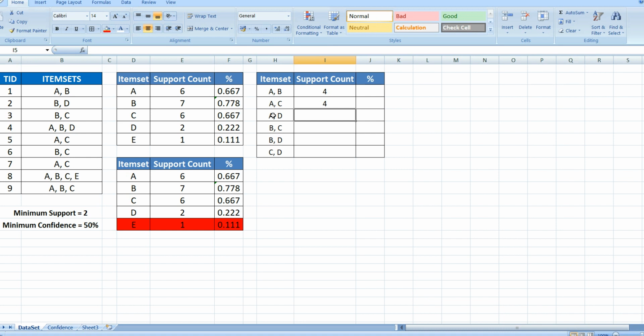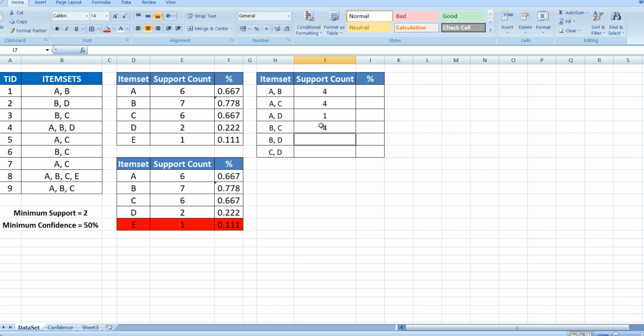We go and do the same for AD. A and D appear once, and we get a 1. We do the same for B and C, back to our original, and we found B and C1, B and C2, B and C3, B and C4.